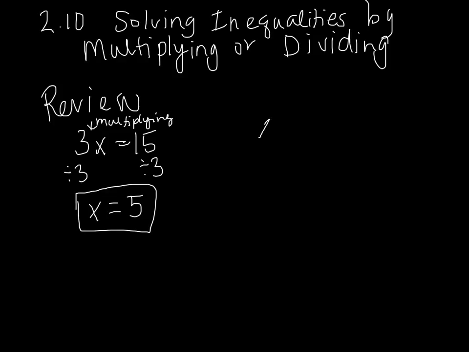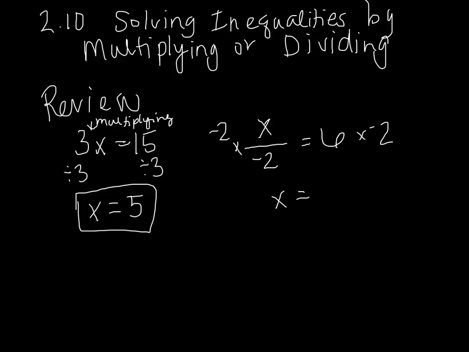So if I have x divided by a negative 2 equals 6, to get rid of the dividing, I need to multiply both sides by a negative 2. A negative 2 divided by a negative 2 leaves us with a 1. And remember, we don't need to write 1x, because if we just see an x, we know that's already 1x.